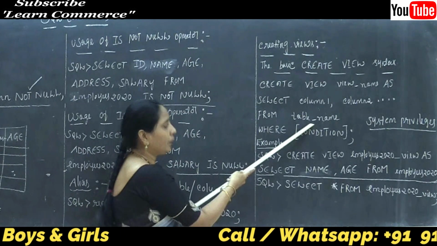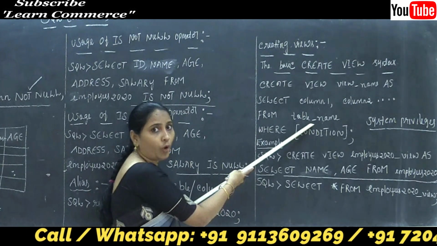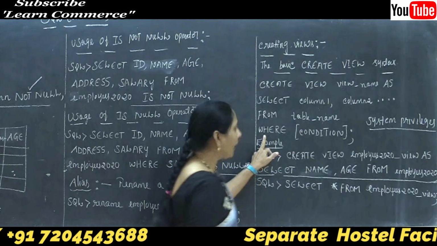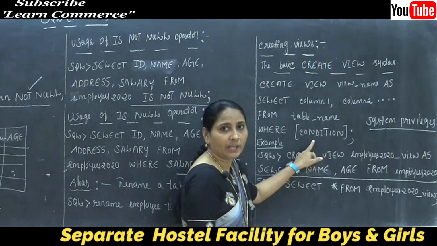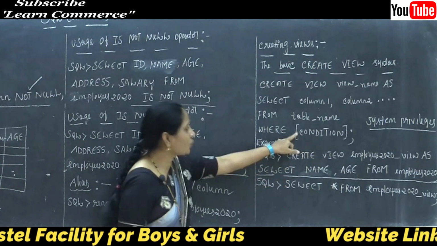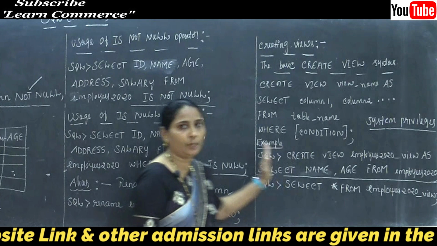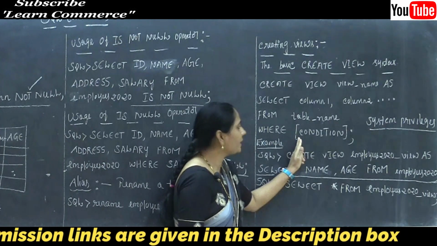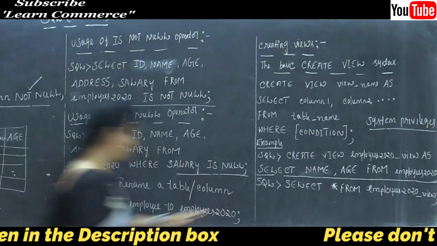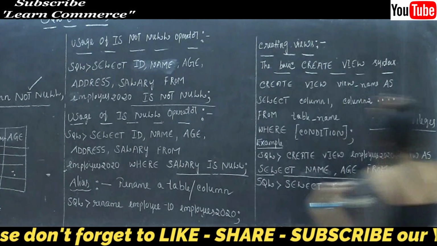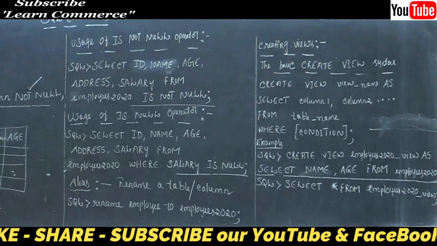From which table you want to view all those columns, the table_name, where, then condition, and maybe you can use a square bracket before the where, otherwise after the where, no problem. So I opened the square bracket, and such a square bracket is going to close by using the semicolon. Okay, so this is the syntax of the create view statement.